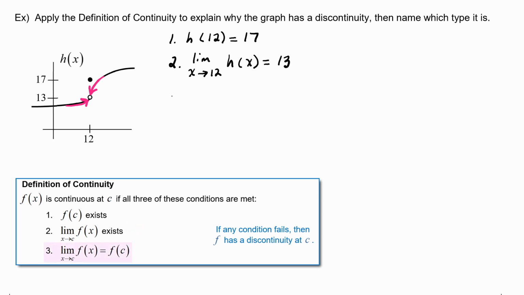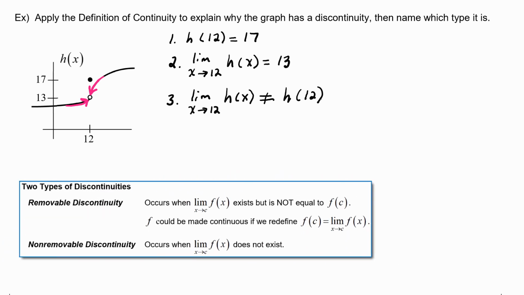Now, step 3 says that we need the limit value and the function value to be the same. And that's where this graph fails, because the limit as x approaches 12 of h of x does not equal h of 12. That means we have a discontinuity, and now we just have to figure out which type.